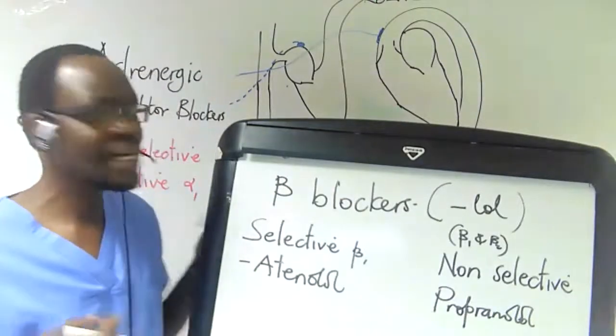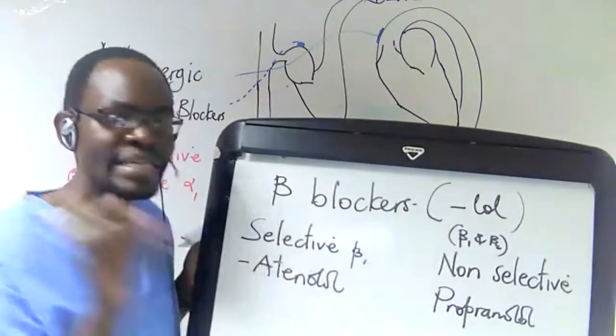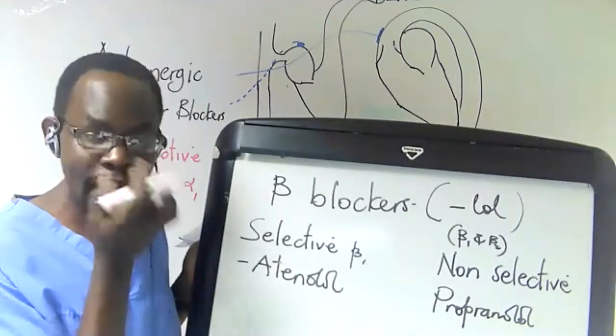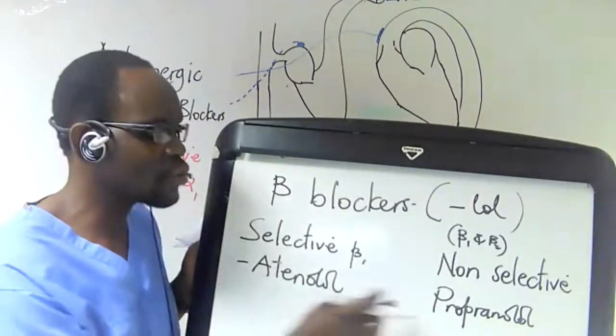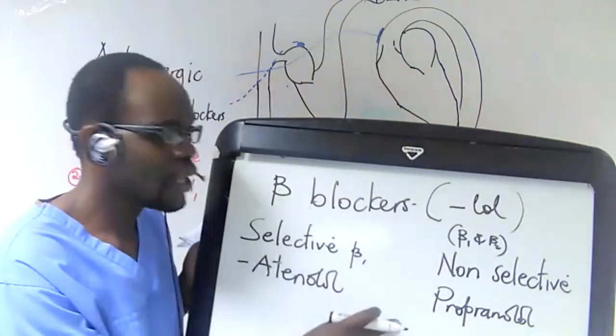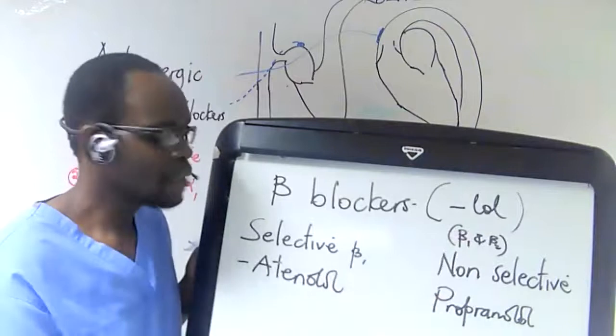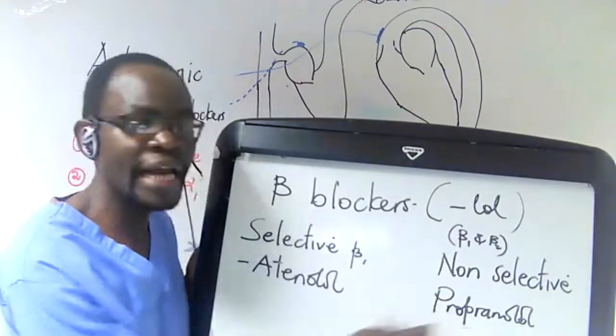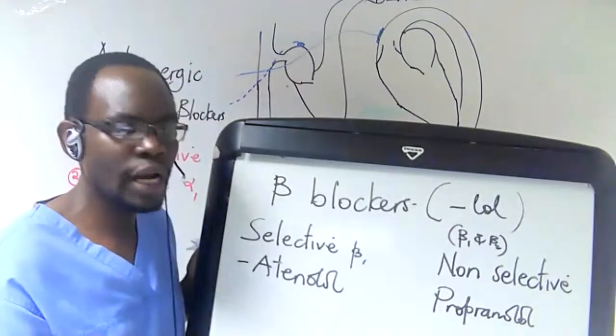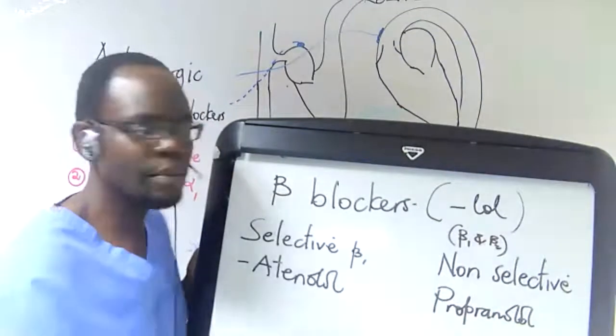So when it is inhibited, it basically causes constriction. That is why we don't advise giving propranolol in asthmatics. It is a non-selective beta blocker, so it will end up blocking the beta 2.